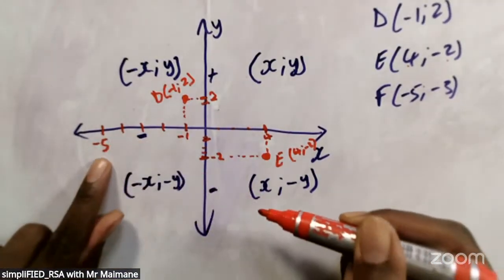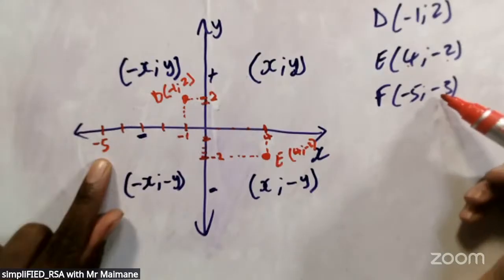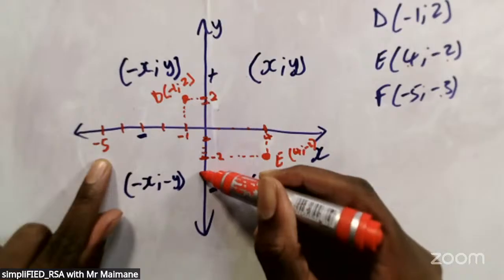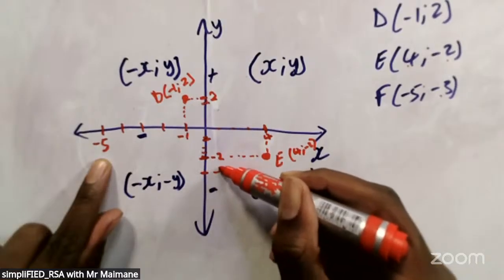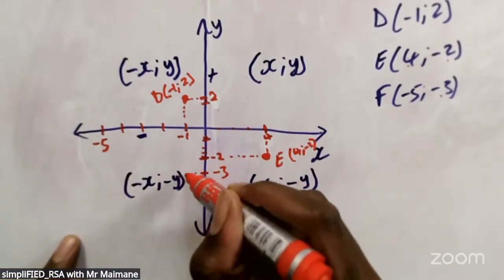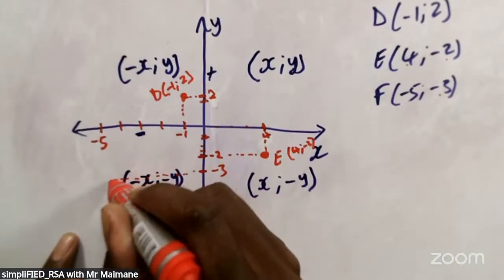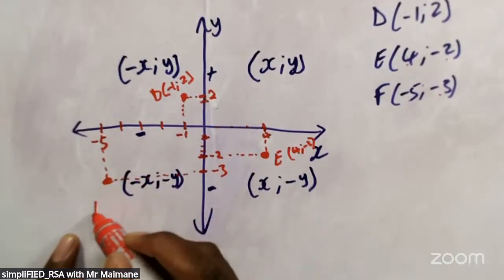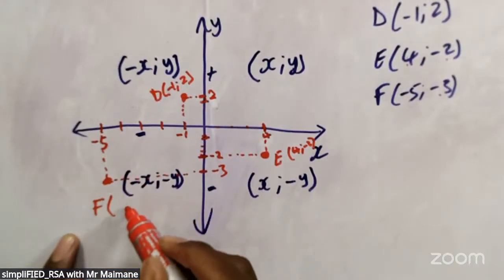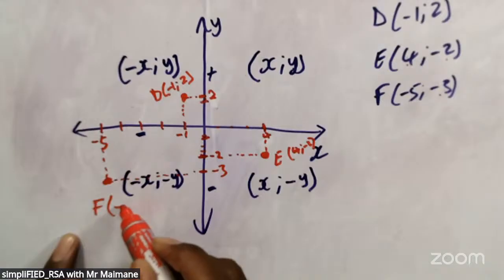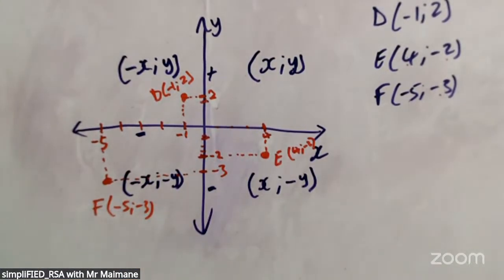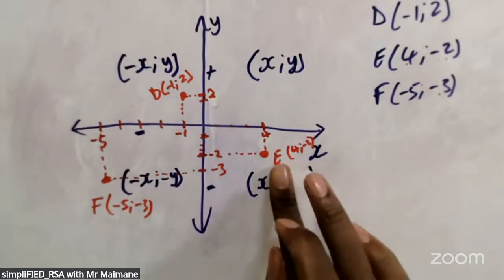And then y is -3. Since it's -2, -3 may be somewhere just above here. And if we join the two, they will meet there. That's when we have F, which is -5 and -3.